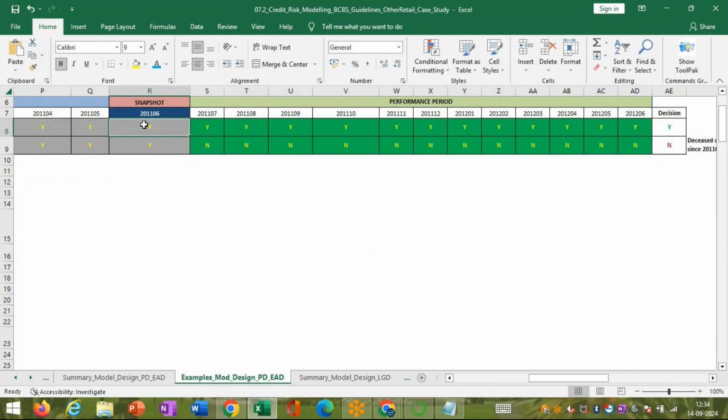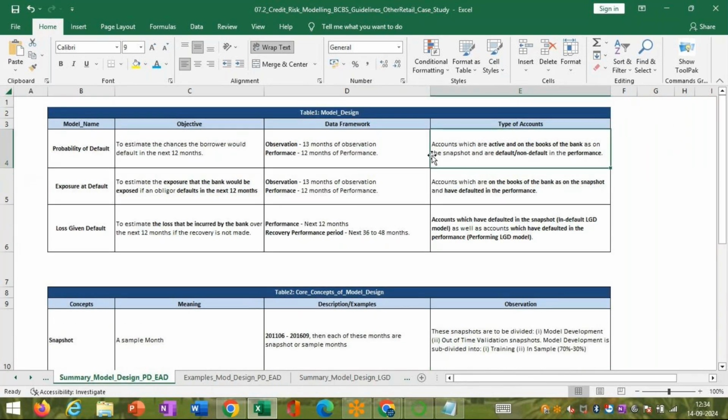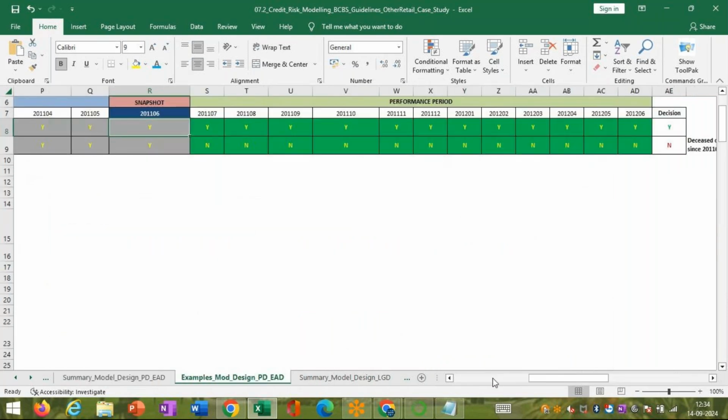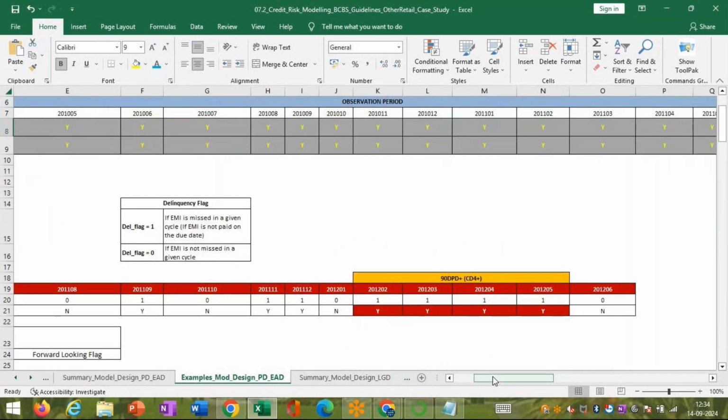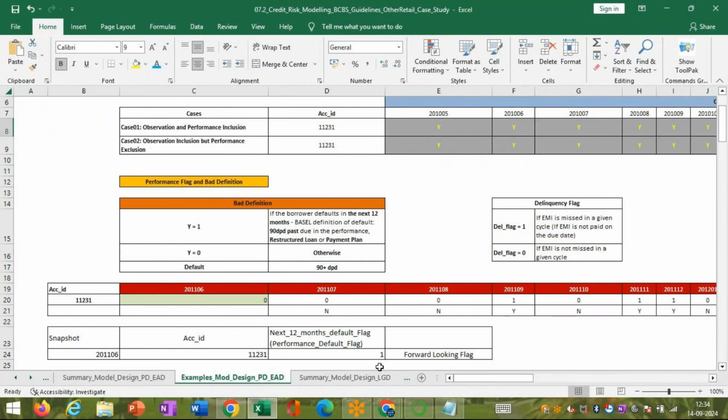So I do not need to compute a PD for that customer. When I'm building my PD model, I am choosing only those accounts which are active and on the books of the bank. Now your question is where the ever default is.